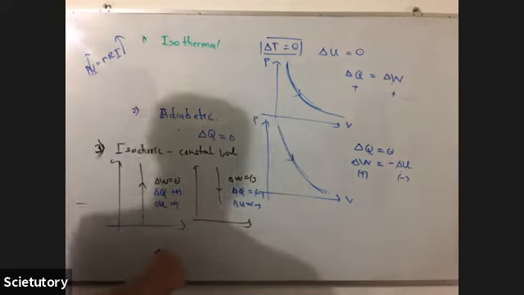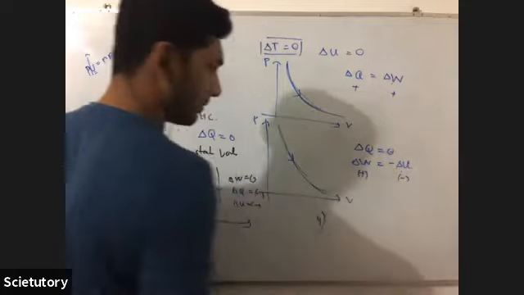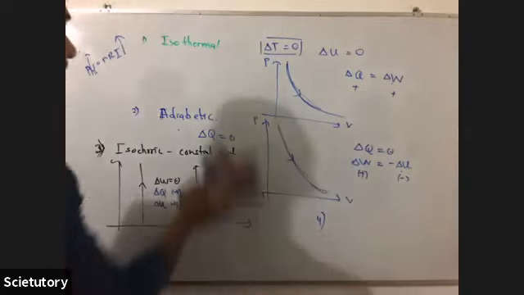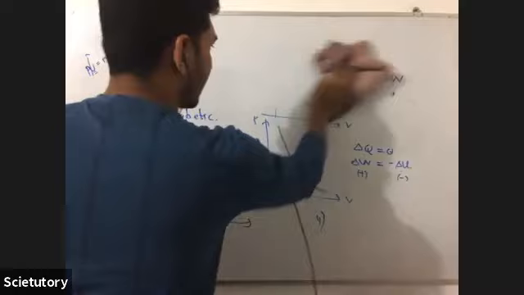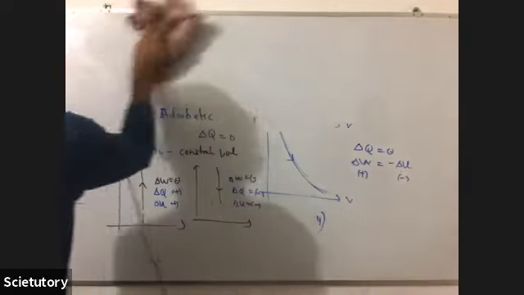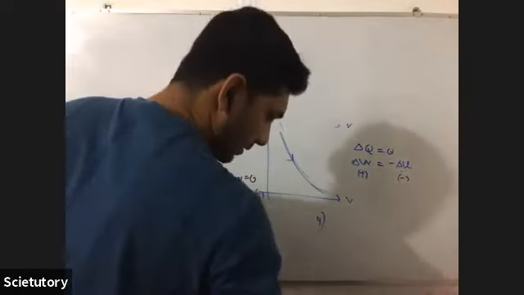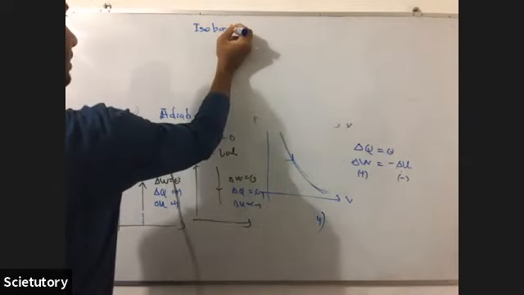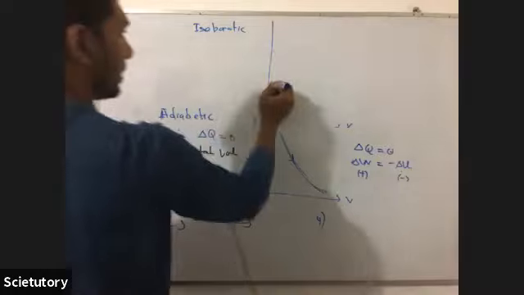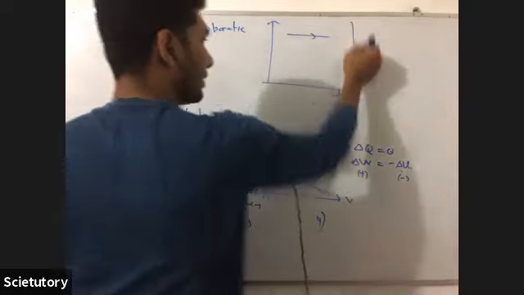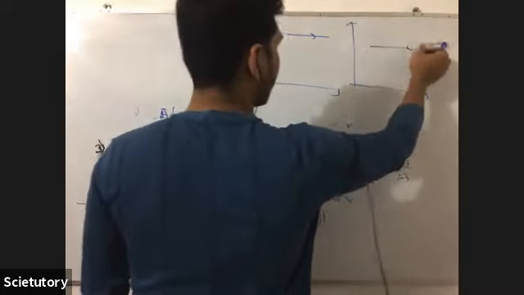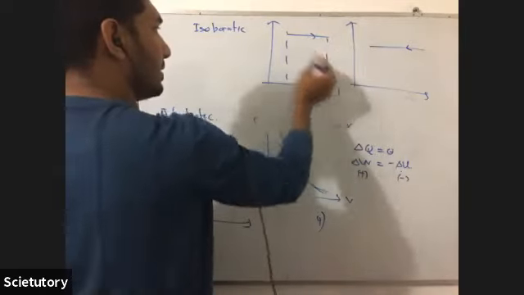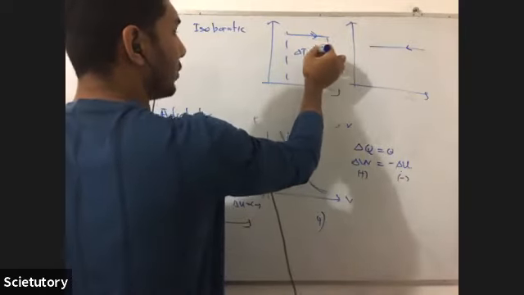The last one, the fourth one, is isobaric. Isobaric is constant pressure. So it can either be like this or like this. Here the volume increases, so delta T should be plus.